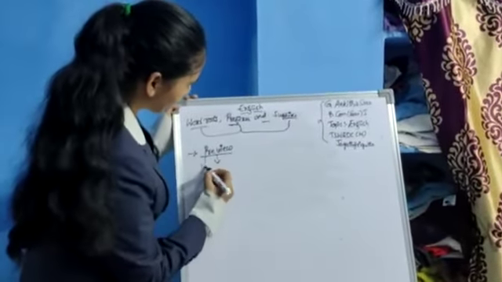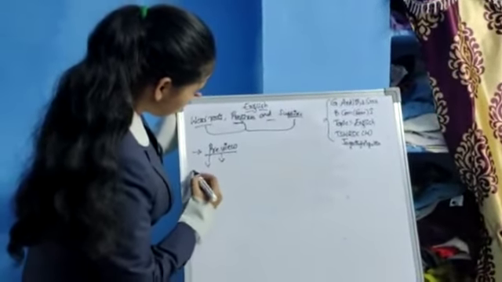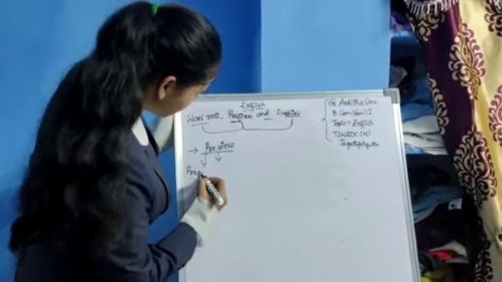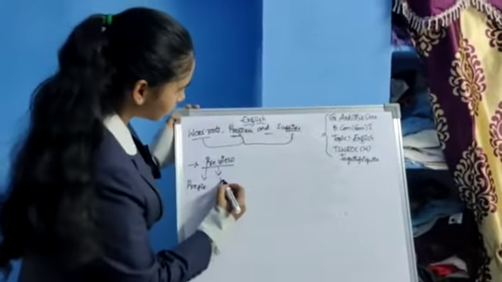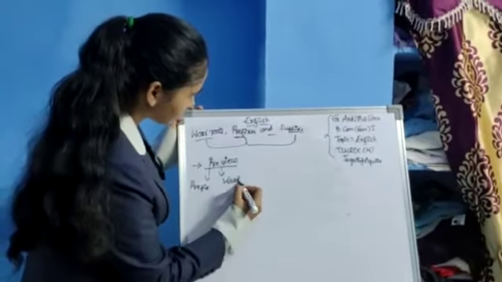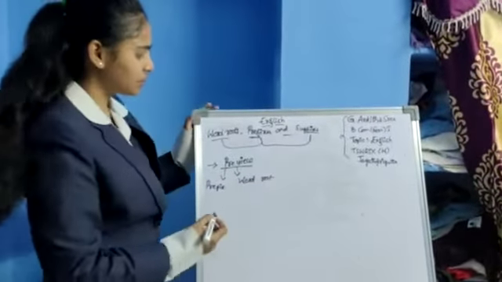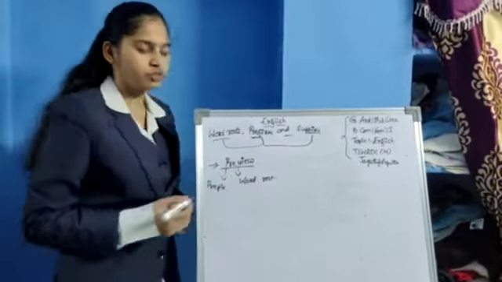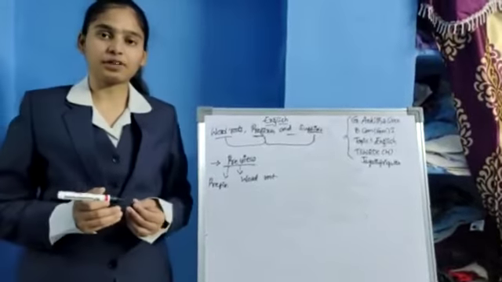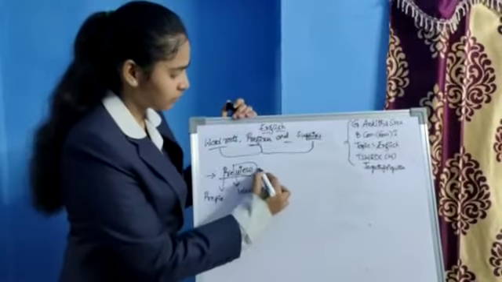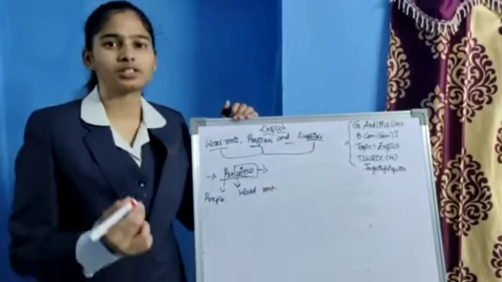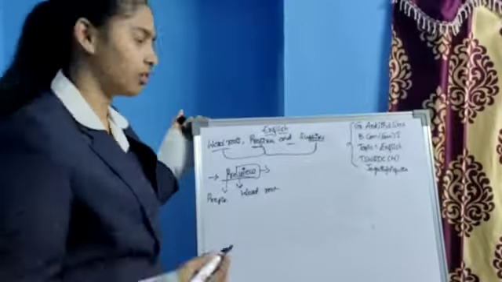PRE is a prefix, a word segment, and view is a word root. In preview, view is a word root and PRE is a prefix. What does view mean? View is a thing which we can say like seeing.